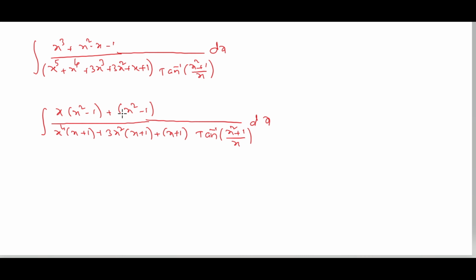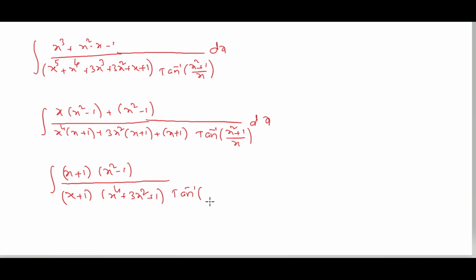Again, in the numerator x square minus 1 common, that is (x plus 1) into (x square minus 1). In the denominator take x plus 1 common, that is (x plus 1) into (x to the power of 4 plus 3x square plus 1) into tan inverse of (x square plus 1 by x) dx.